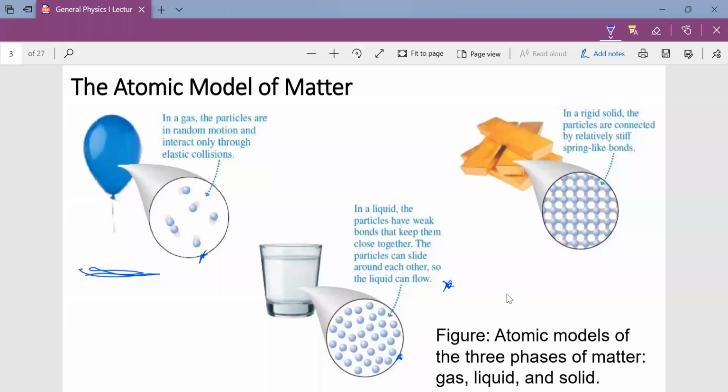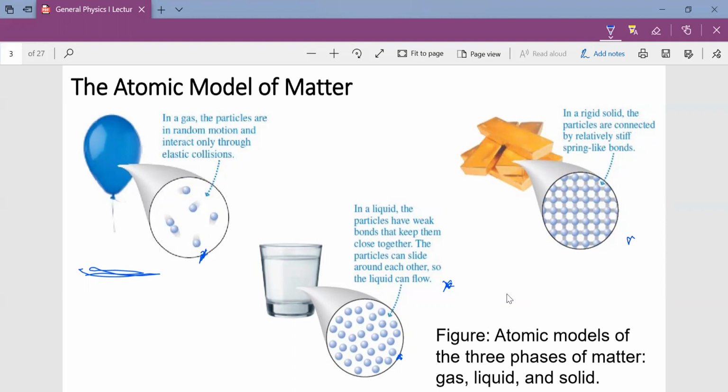They are not in a definite shape, yes, but they are closely packed, and that's because they have a weak bond between them that keeps them together. When it starts flowing, they glide over each other, which brings about the flow we see in the liquid. So the motion of the particles is random, but not as random as that of the gas, because the space between them is closer than that of a gas.